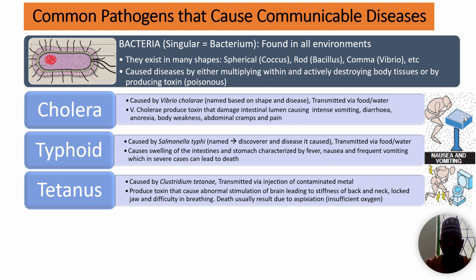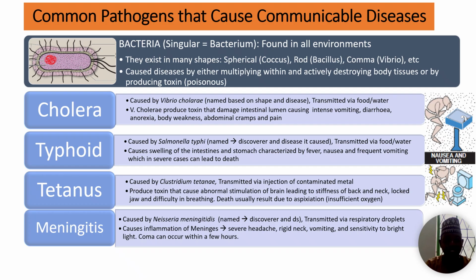Now, the next type of bacterial disease is meningitis. Meningitis is also one of the common bacterial diseases, which is commonly caused by a bacteria referred to as Neisseria meningitidis. This bacteria is named based on its discoverer, Mr. Neisser, and the disease it causes, which is meningitis.